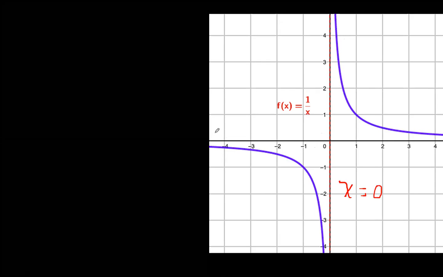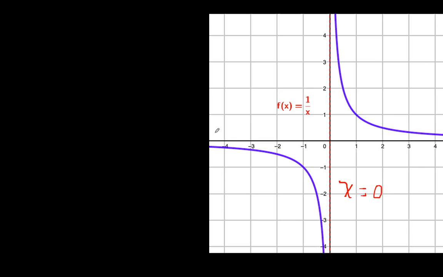So let's discuss the graph on the left-hand side of the vertical line. If we examine it, as the value of x approaches 0 from the left, we can see that the graph of f of x is decreasing without bound, as the value of x approaches 0.